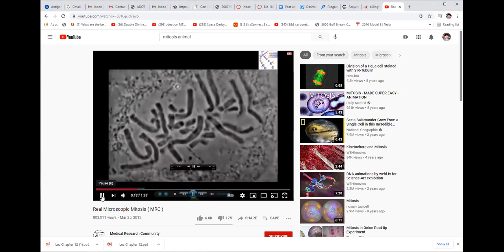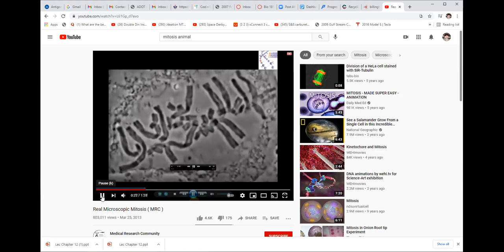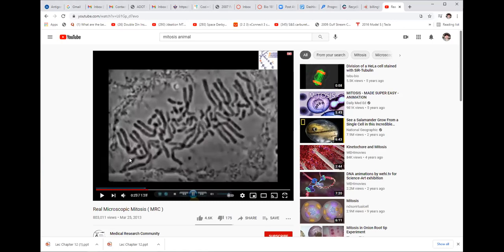It's not really well defined here, but you'll see it once it starts separating. So right here is the metaphase plate. You can see that this is not easy to see, but in most cells it's more defined, especially in plant cells. In the lab you'll see that they're all lined up in the middle.